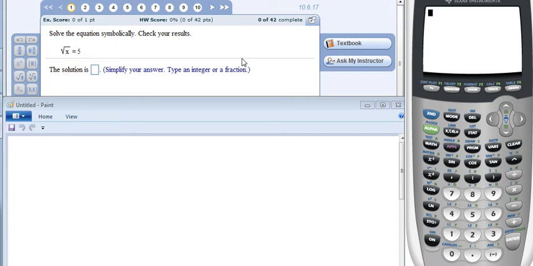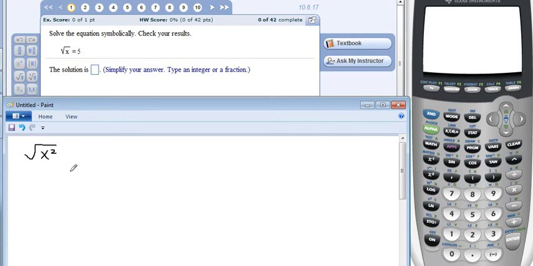So let's talk about the square root of a square. Okay, what is the square root of a square? I can write it that way, or I can write it like this. Well, remember my index here is a 2, right? So if I wanted to turn this into exponential notation, that's 2 over 2.